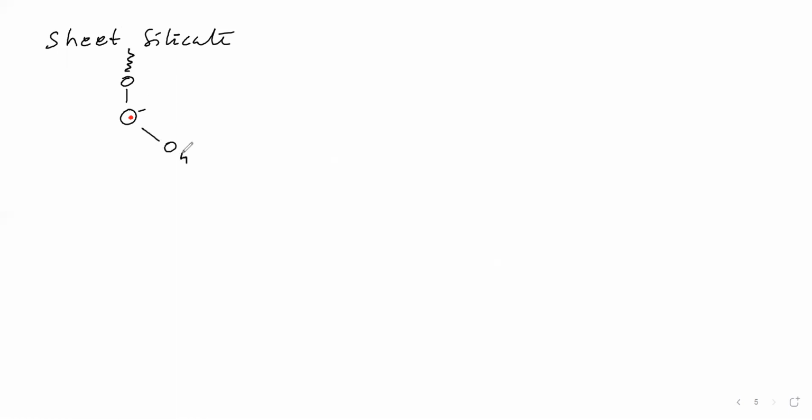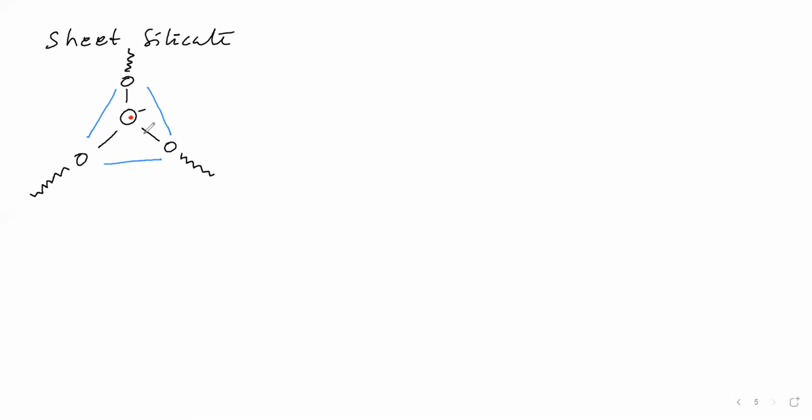This O is bonding with the neighboring silicate unit. This O is bonding with the neighboring silicate unit. Now we will give a blue color border in order to say it is one SiO4 unit. Okay. Now from this silicate unit, 3 oxygens are shared with the neighboring silicate units. Okay, this is a polymer. This sheet silicate is a polymer.